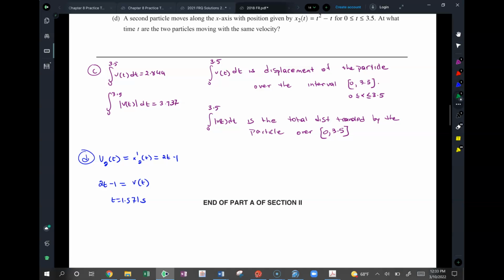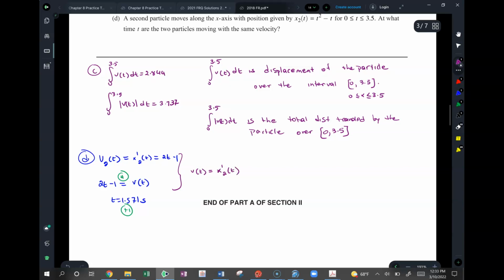So this is 1 point, this is 1 point, and this is another point. You can also combine these two lines, because this is the calculator section, and you can just say v of t is equal to x prime 2 of t.